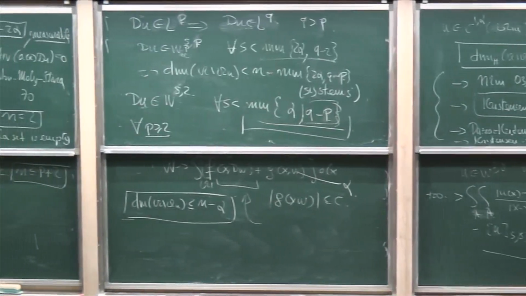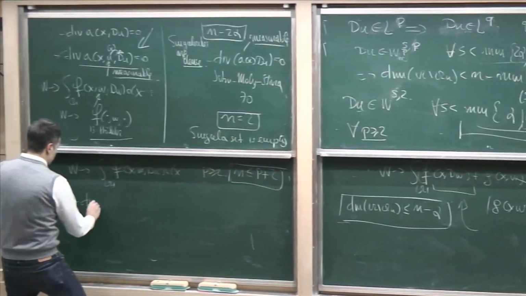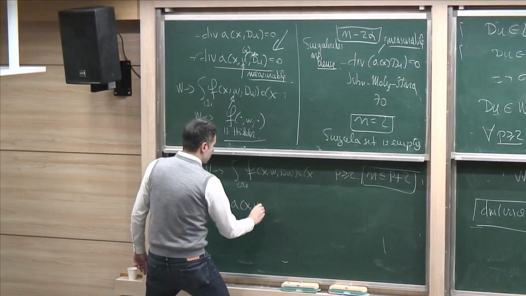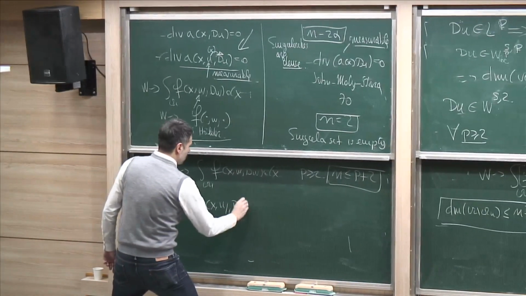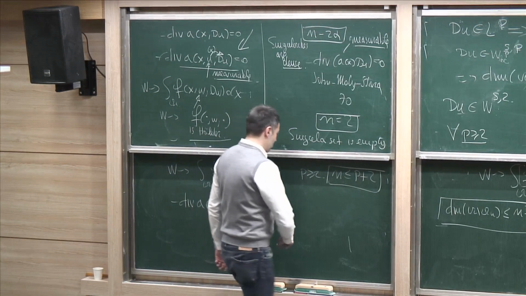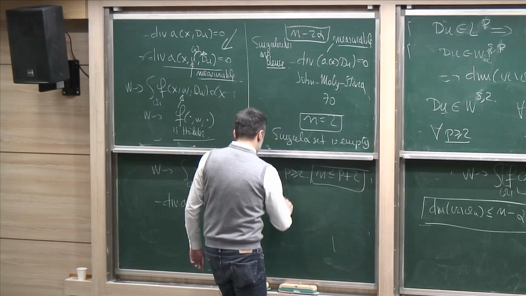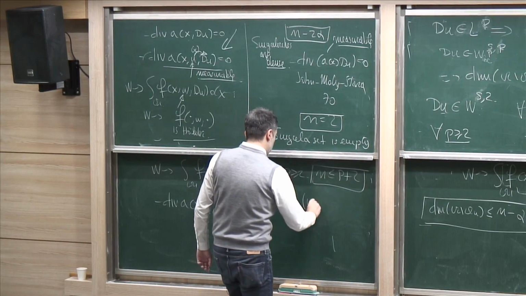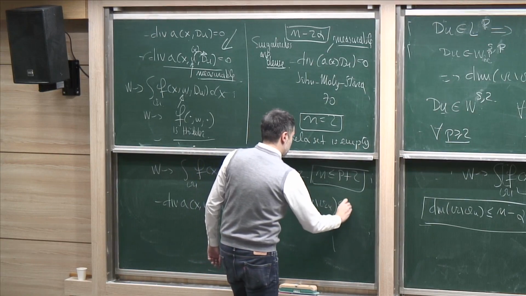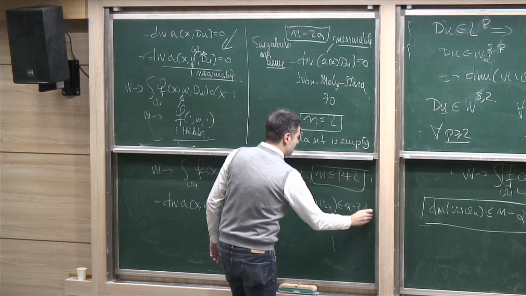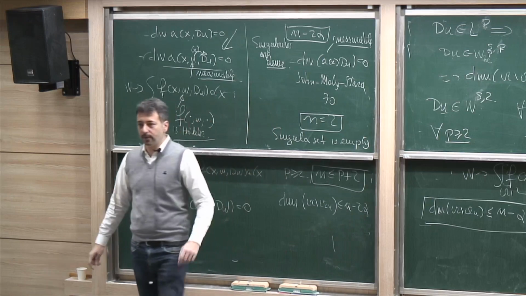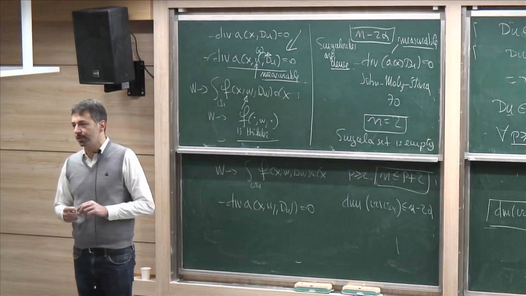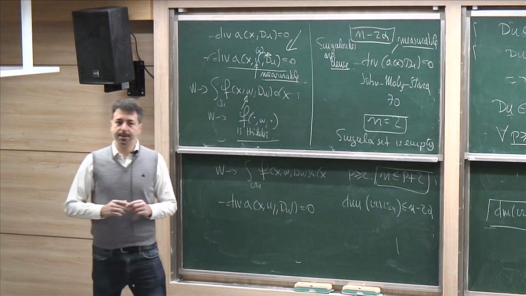And actually, the same result holds for systems of this type. And then the Hausdorff dimension of the singular set is less than or equal than n minus 2 alpha. This time you always improve from alpha to 2 alpha when you pass from minimizers to solutions to general systems.